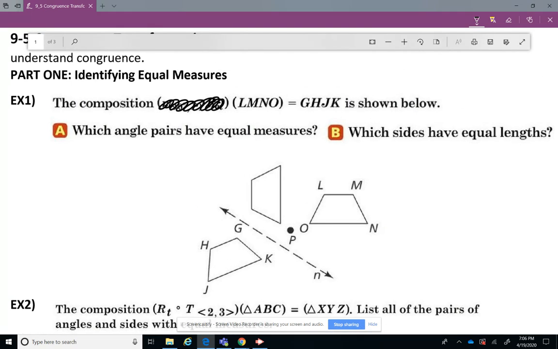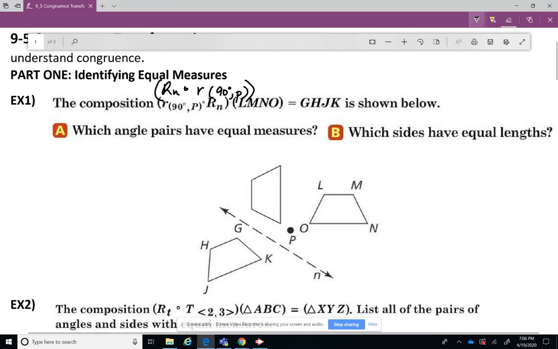I want to do the rotation 90 degrees about point P first, and then we're going to reflect it across line N. So we're basically just flipping them. If you look at what it was underneath, I'm just flipping them. You can do it that way, but this is the way it is in the book. And I don't know how that got flipped, but it did.